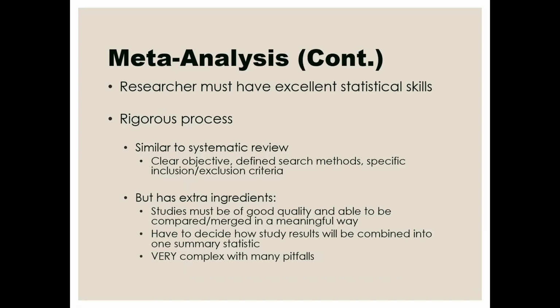Again, more rigorous, have statistical skills. You need to really be good at tracking, be good at searching databases, have systematic processes, and it is definitely doable, but it has to be something that meets the goal that you're seeking.